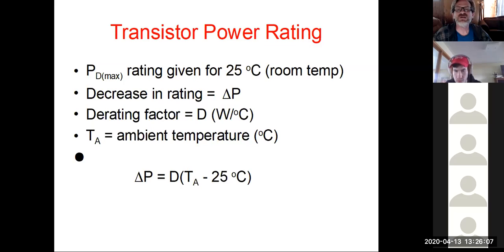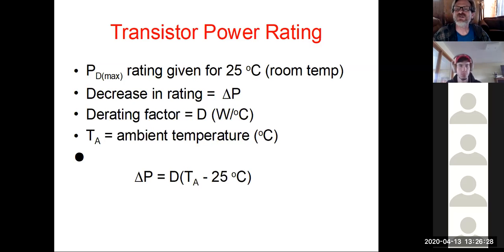So what it's trying to look at is basically all ranges, so this formula would be good for whatever temperatures you're trying to look at. So we look at, okay, what's our derating factor in this case? If you look at the very bottom, our change in P, we would look at what temperature we would have.